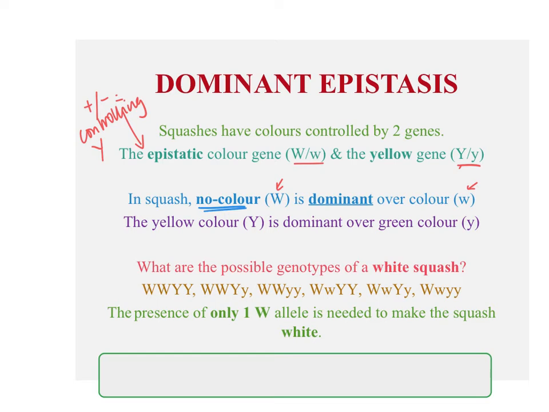So the presence of only one big W allele is needed to make the squash white. Now again, I've not followed my own instructions here because this example has got letters that look very similar, upper and lowercase. This is an example from the exam board though, so don't shoot the messenger. But let's take a look at how it goes in a Punnett square.